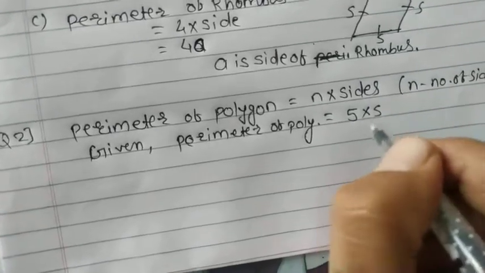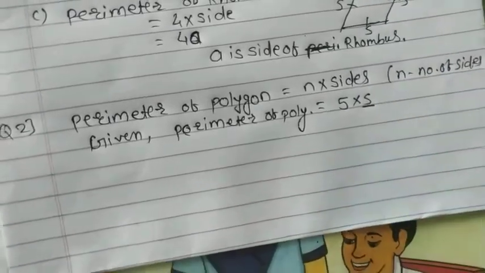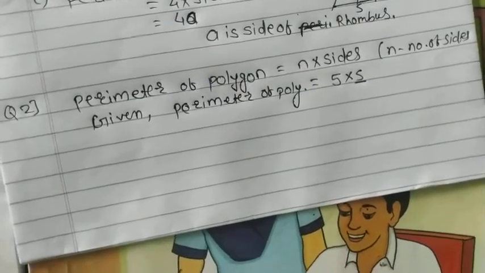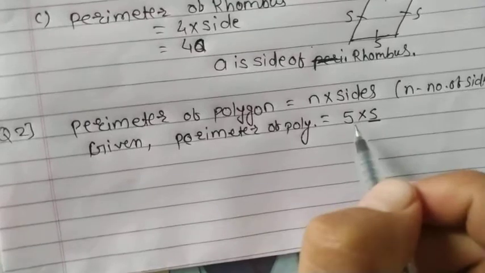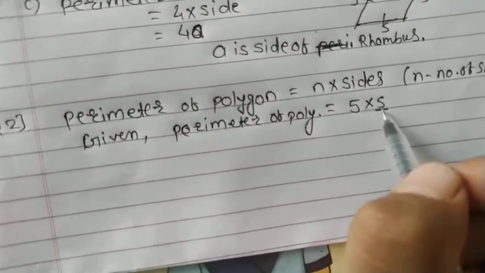So the number of sides will be, this is the side. Okay, and whenever we are finding perimeter, we multiply the number of sides by its side.